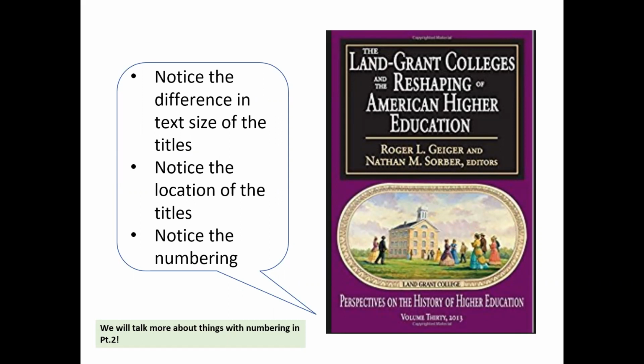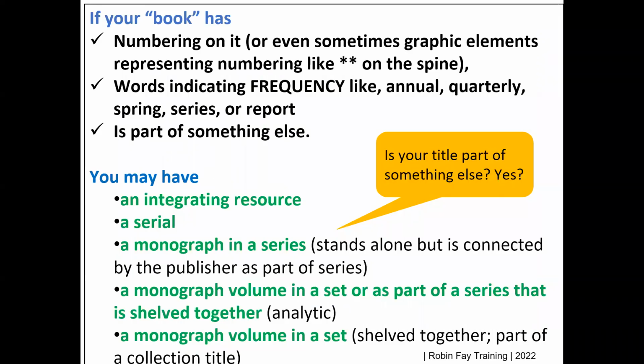Now, those of you who've worked with these kinds of materials a lot, you may look at this and go, I know what it is, and you probably do. But if your book has numbering, or it looks like it's part of something else, then you need to take a look at it.